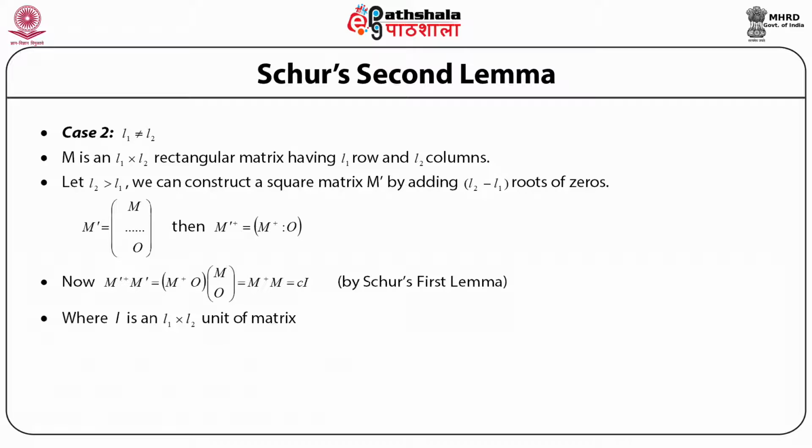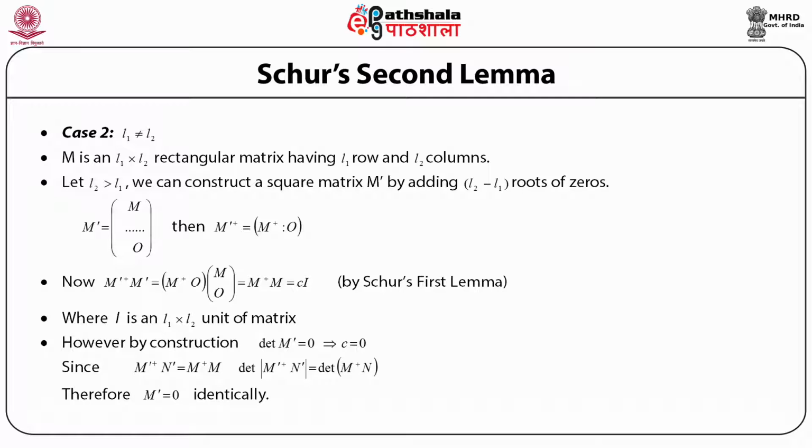Now, M prime dagger M prime is M dagger 0, which is a row matrix, multiplied by M 0, which is a column matrix, which becomes M dagger M, which is equal to a constant times the unit matrix by Schur's first lemma, where I is an n1 cross n2 unit matrix.